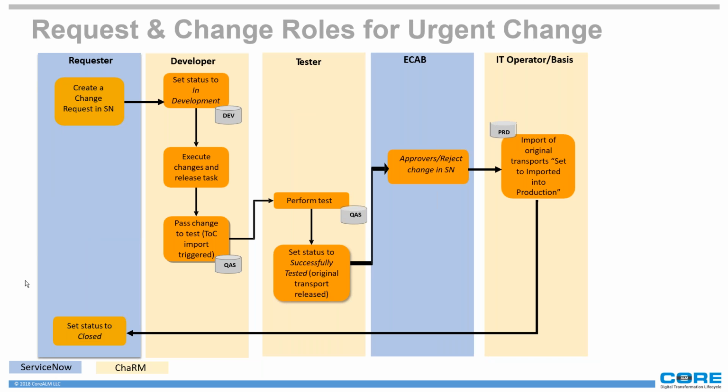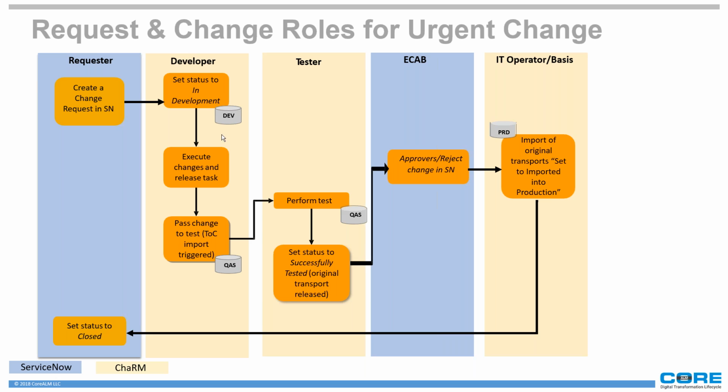Similar for an urgent change, since we don't have a change manager role approval. In this case, a requester creates a ServiceNow change. As soon as that gets created, the work automatically starts within Charm by a developer.